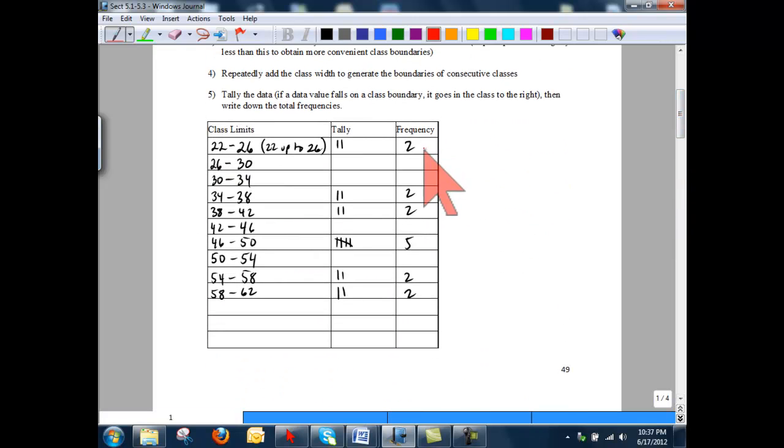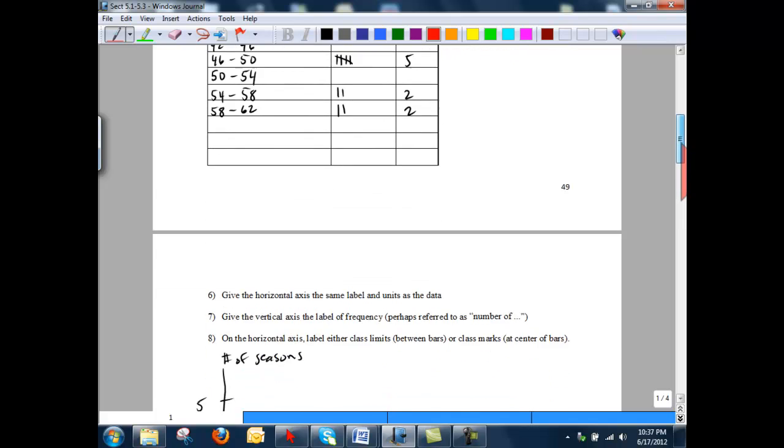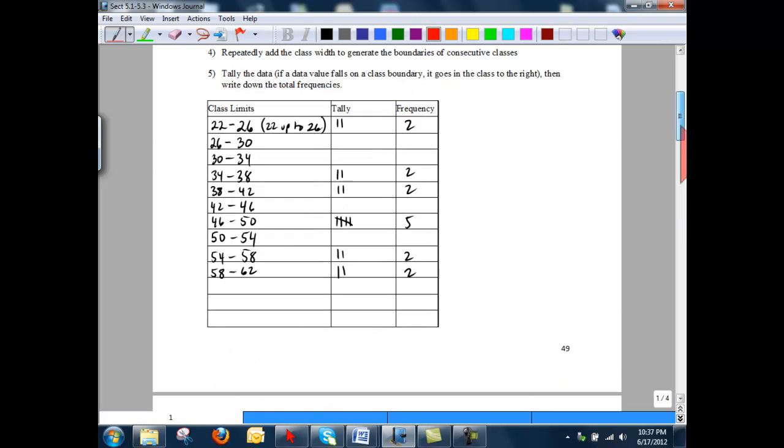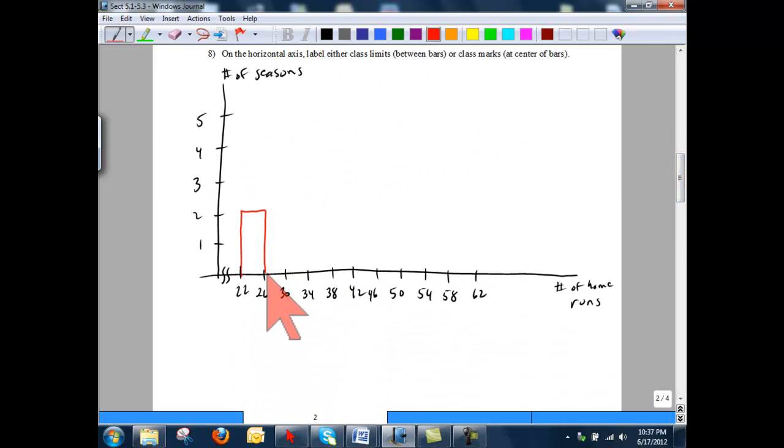Between 22 and 26, there were 2 seasons. So draw a bar like this. Between 26 and 30, there were 0. So I don't draw a bar at all, or I can think about drawing a bar of 0 height. Between 30 and 34, also none.